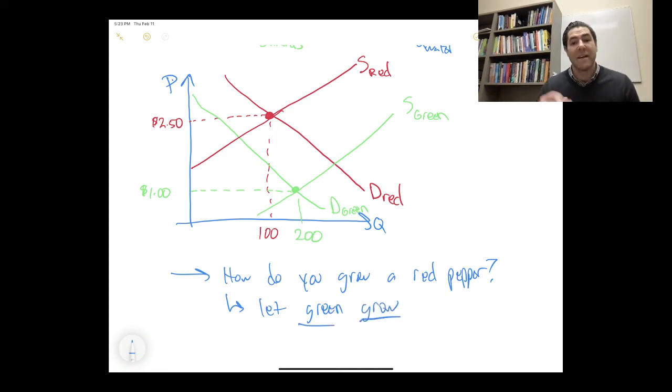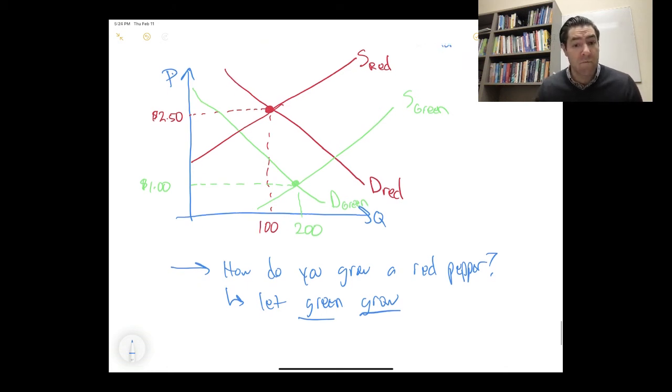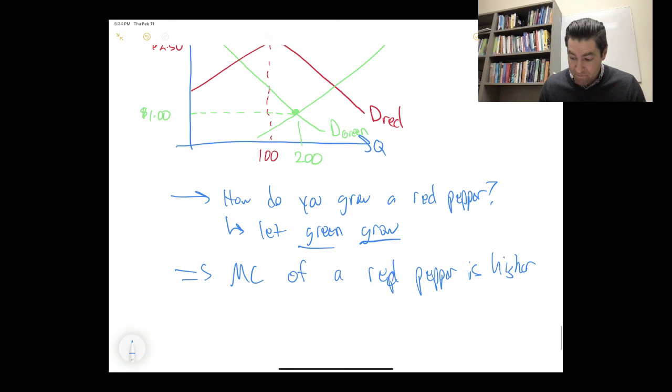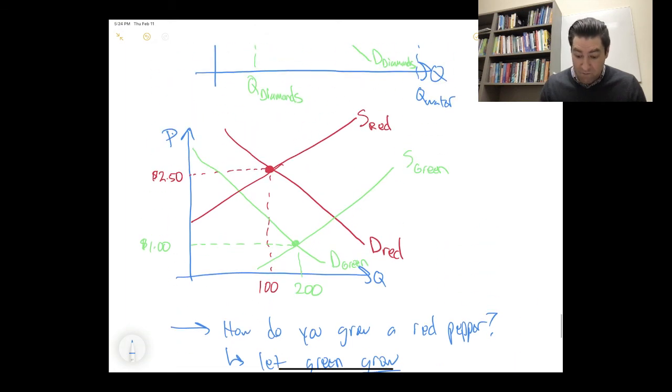In other words, it takes more time to grow a red pepper, which means it's going to cost me more, right? So the marginal cost of a red pepper is higher, which means its supply curve is going to be above or to the left of the supply of green peppers.